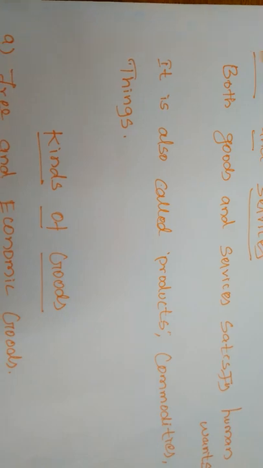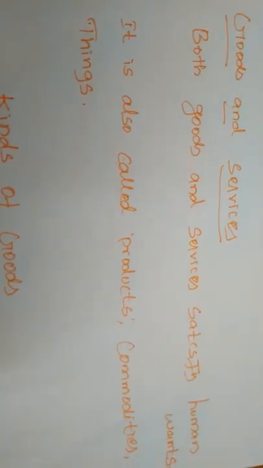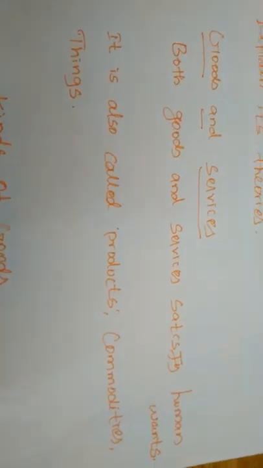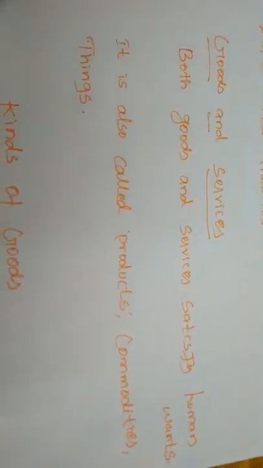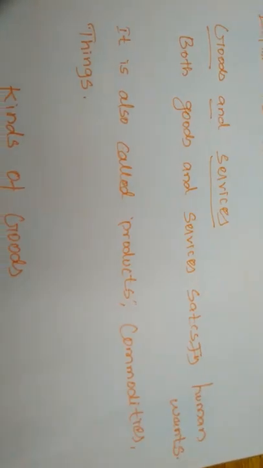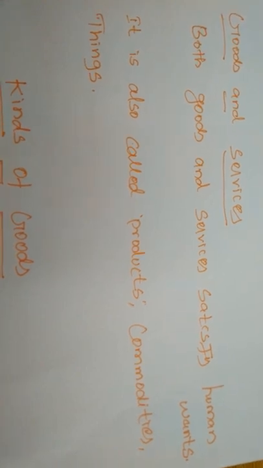What are some of the characteristics of goods? If you are considering things as goods or commodities, these things must have some basic characteristics. One is that as material things, they are tangible.